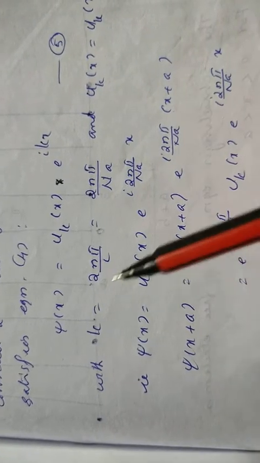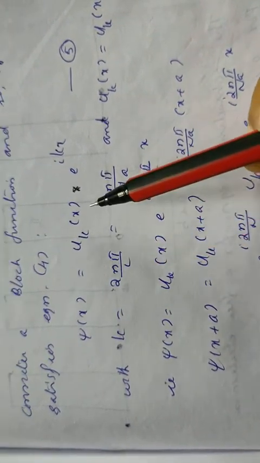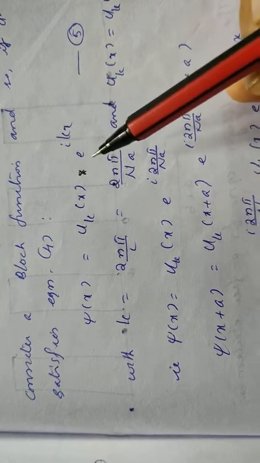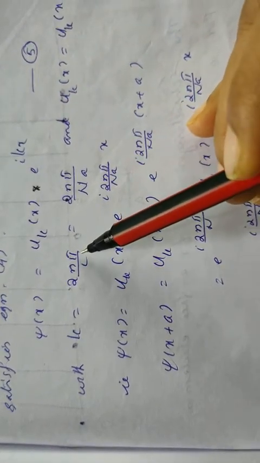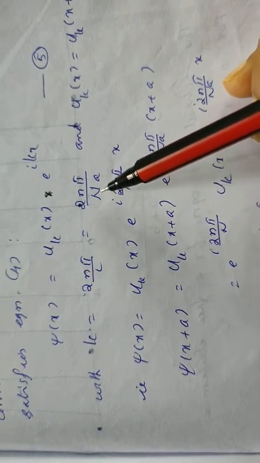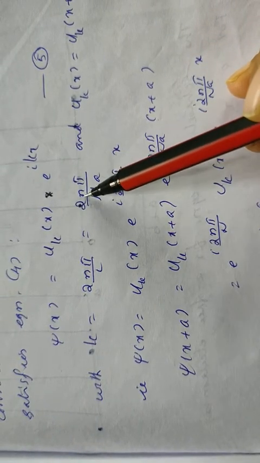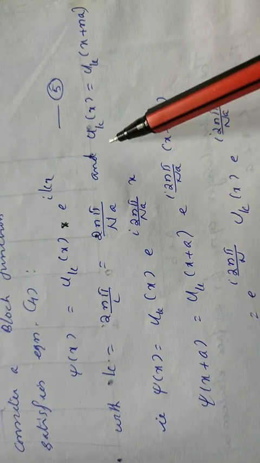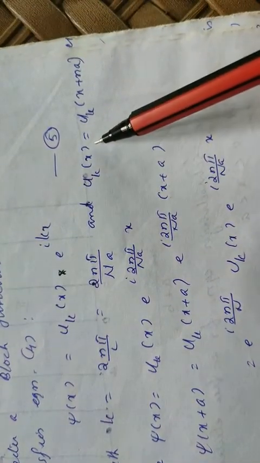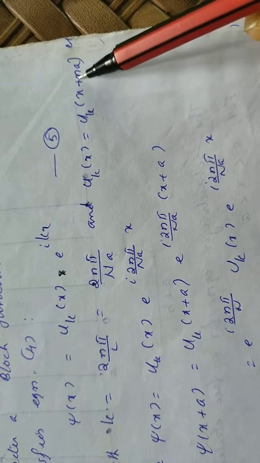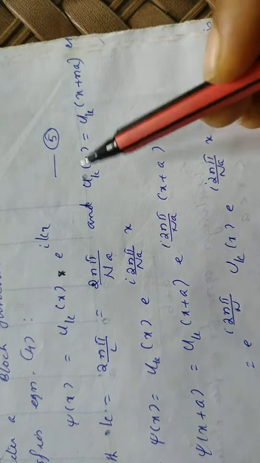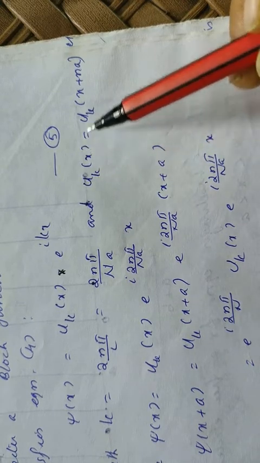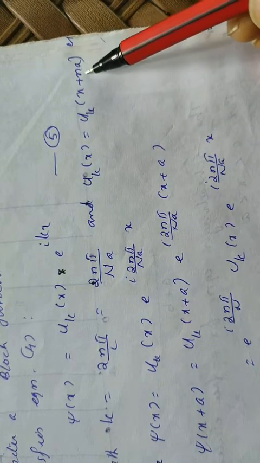So psi of x is written as uk of x into e to the power ikx, with k equal to 2n pi by L, where L is N into a, so this can be written as 2n pi by N into a. And uk of x is uk of x plus na, because u is the potential which varies periodically with the period of the lattice.